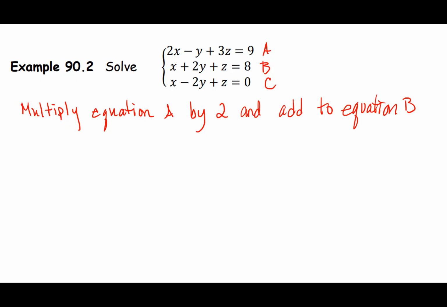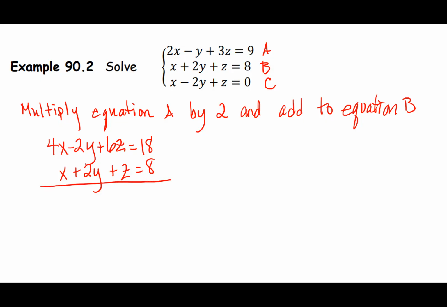So I'm multiplying the first equation by 2. I'm going to get 4x minus 2y plus 6z is equal to 18. And then I'm just going to take the second equation as it is, equation B. So that's x plus 2y plus z is equal to 8.